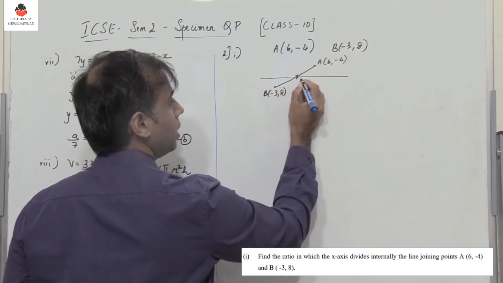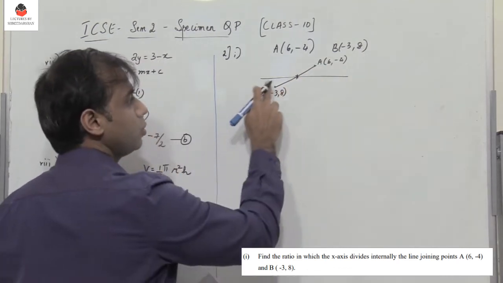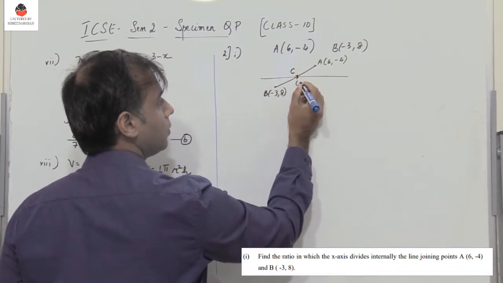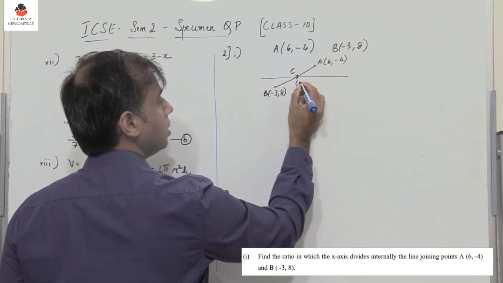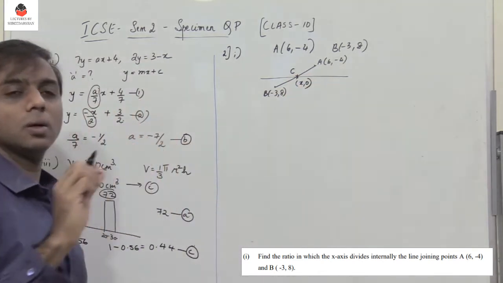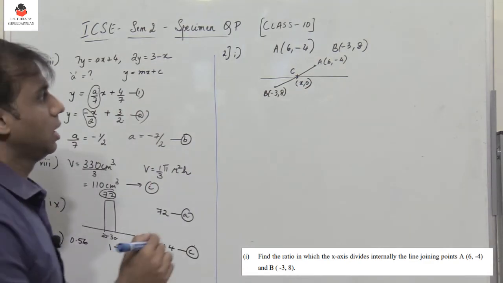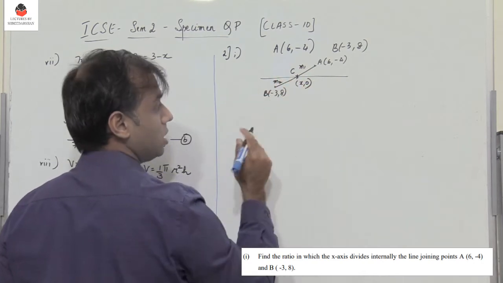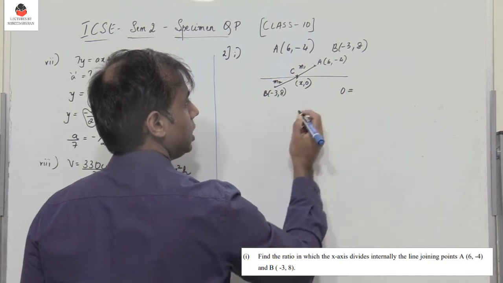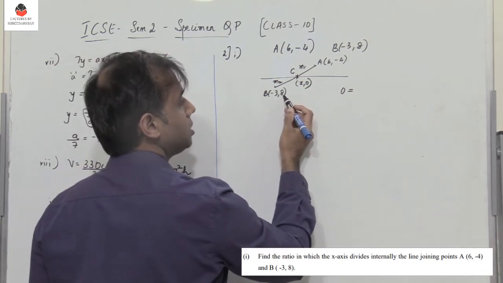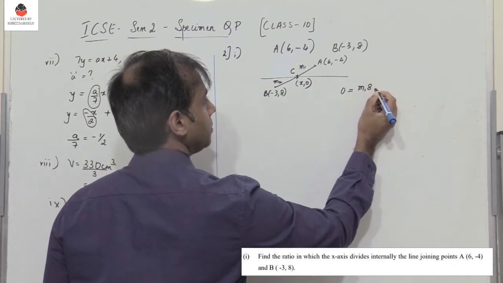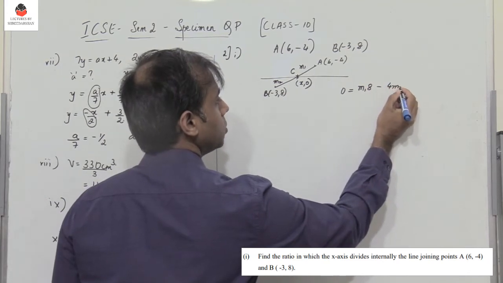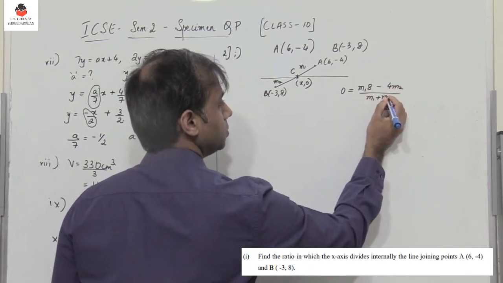So if you have the x-axis which divides the line AB, let me call this point C, it will have the coordinates (x, 0). So any point along the x-axis will have the y coordinate 0. Right? So let the ratio be m1:m2. So the y value 0 equals m1 into y2, which is m1 times 8, and then m2 into y1, which is minus 4, so minus 4m2, divided by m1 plus m2.